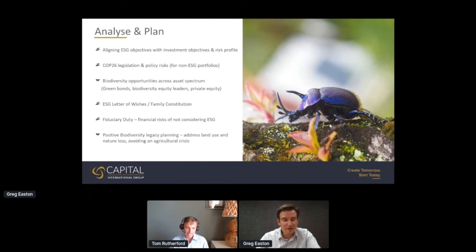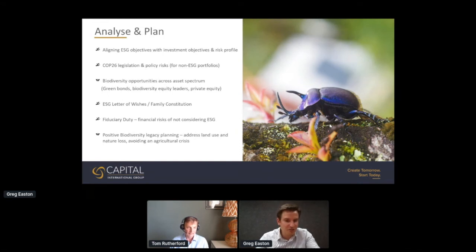Yeah, and that leads on very suitably to our next point, Tom. Almost the point at which we think families and trustees are looking at it now is, if you're wanting to leave a positive biodiversity legacy, you should start putting some planning in place for that, and what that looks like. That is where we're seeing, certainly on the equity and green bond side, that the universe is there now.